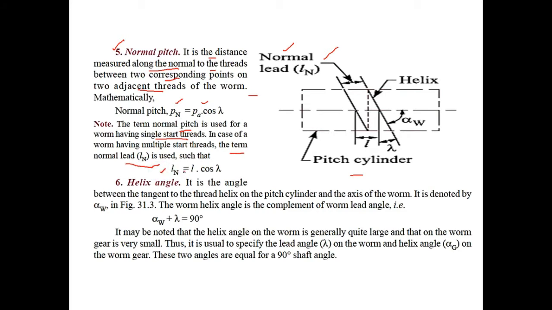So normal lead will be equal to lead into cos lambda. Here Pn was Pa into cos lambda, Ln is equal to L into cos lambda.